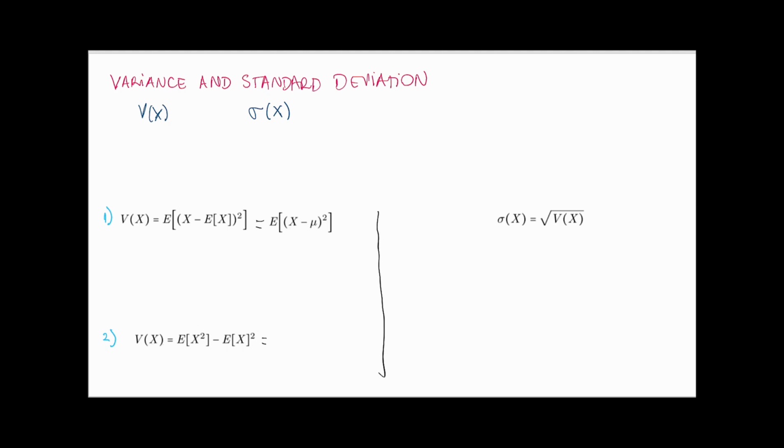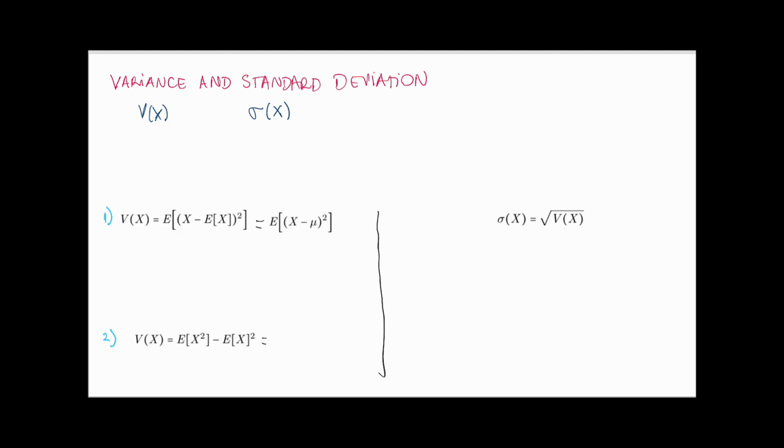Well, the first way is to do the expected value of x minus the expected value of x, squared. This is the first part here, okay? Don't be afraid, we're going to break this down soon.